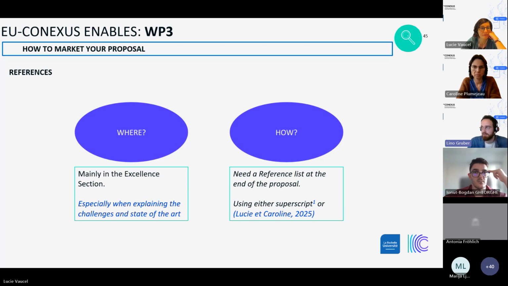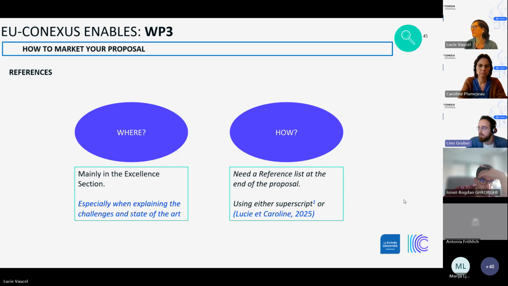But there are different ways of dealing with references. I suspect you already know these kinds of things, but a must is having a reference list at the end of the proposal. And then in the text directly, you can either use superscript or write the references directly into brackets, which you can see in the example on the next slide.